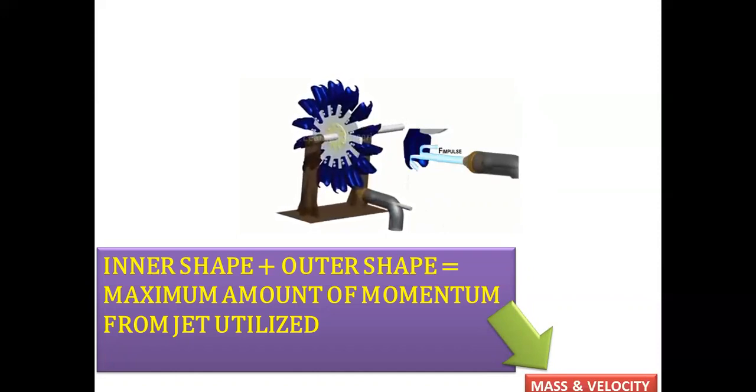That will be consumed maximally by this shape. The amount of water coming out from the nozzle and also its velocity will be consumed by the bucket. That's why Pelton adopted the shapes of splitter ridge, nostrils of a cow's nose, and also the cutout part, the outer part of the bucket. This is very, very important.